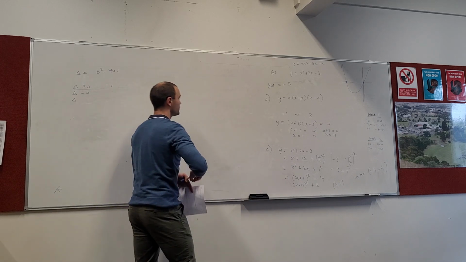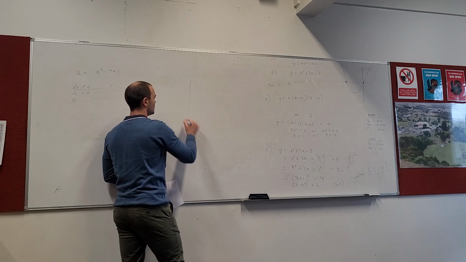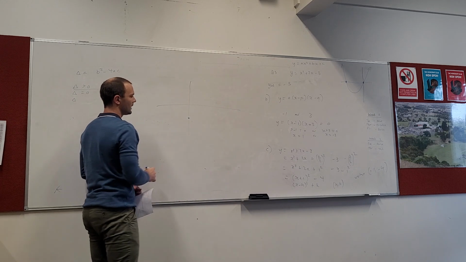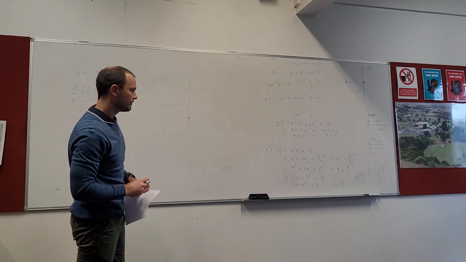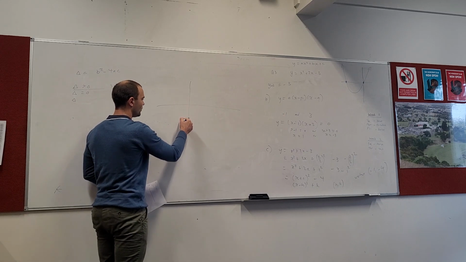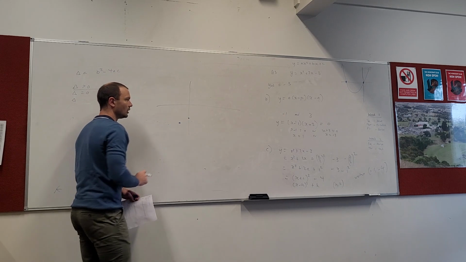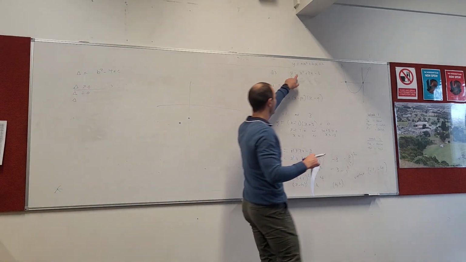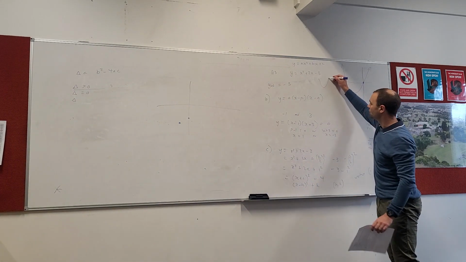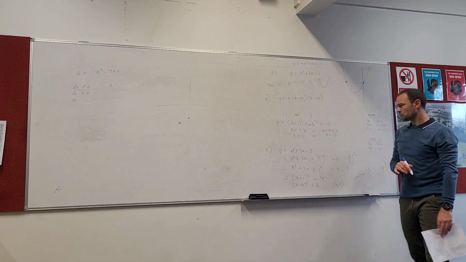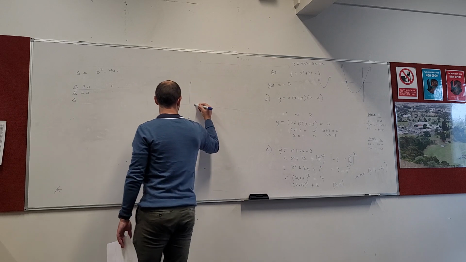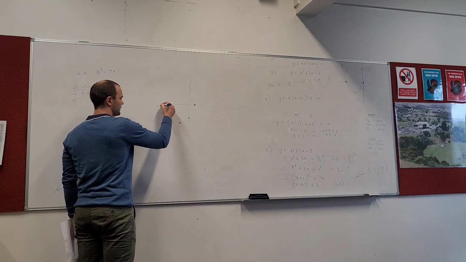Alright, so we've got a Cartesian plane. We have a y-intercept of minus 3. We have a vertex of x is minus 1 and minus 4. So that's the local minimum, alright? I have a positive a value, which means I know it's opening upwards, and it has roots. x is 1 here, and x is minus 3 here.